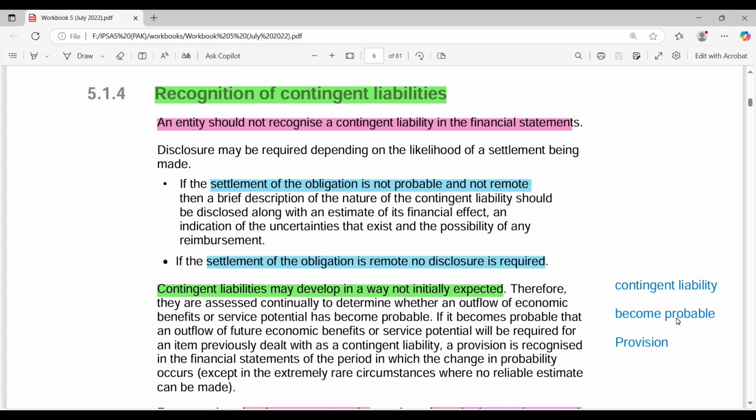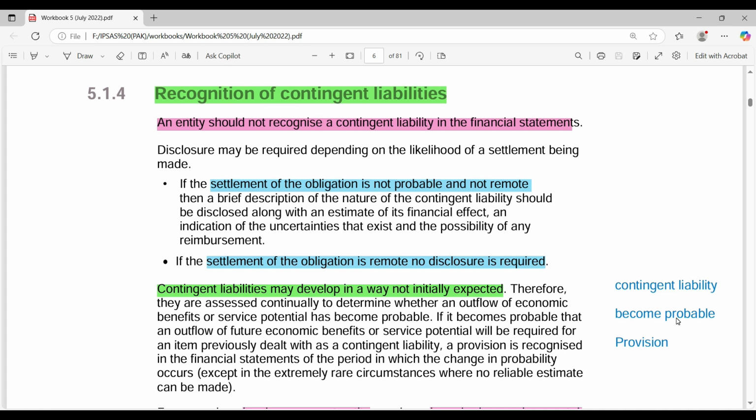The contingent liabilities are not presented on the face of the financial statements, like financial performance and financial position. They should be disclosed depending on the likelihood of settlement. If it is not probable and not remote, then you should disclose in the notes.